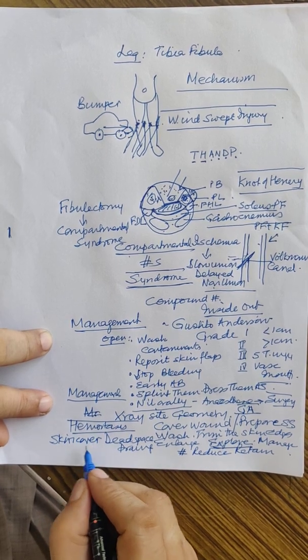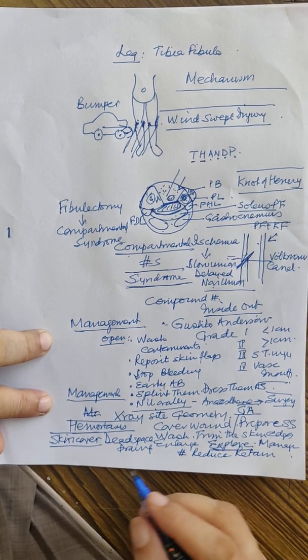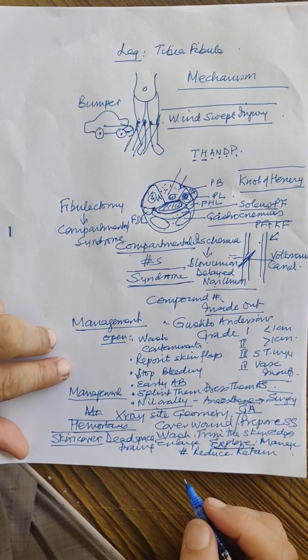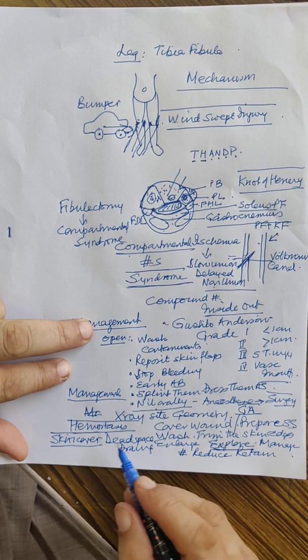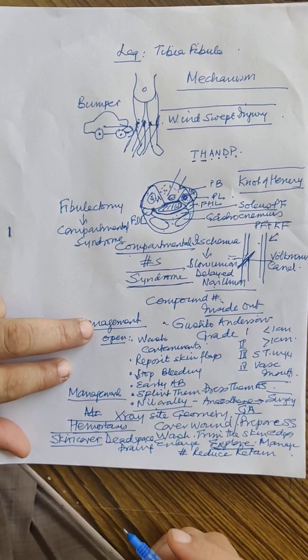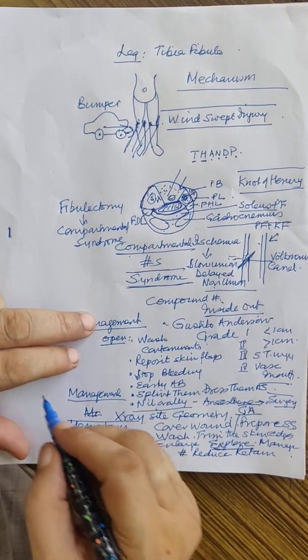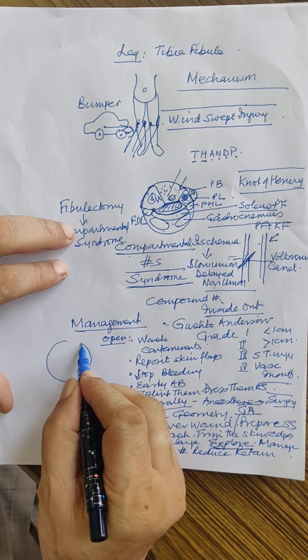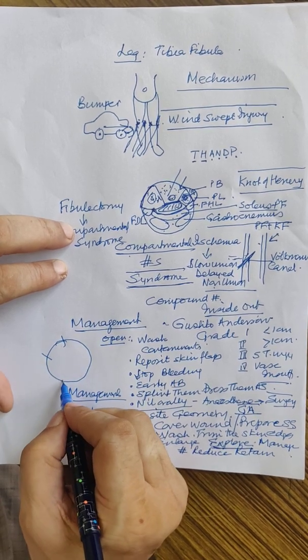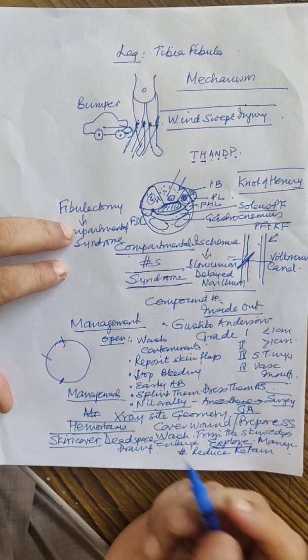If the wound is within 6 hours, then you close the wound without tension. You may have to give release incisions. If this is the wound, you may have to give a release incision here, shift this flap and close the wound.